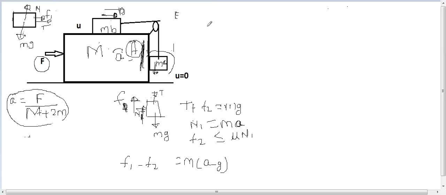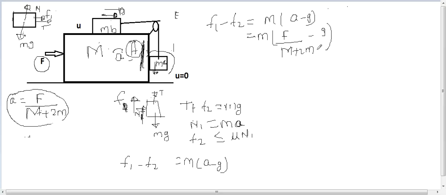What we get here: F1 minus F2 becomes m(a minus g), and what is a? F divided by capital M, 2m minus g.